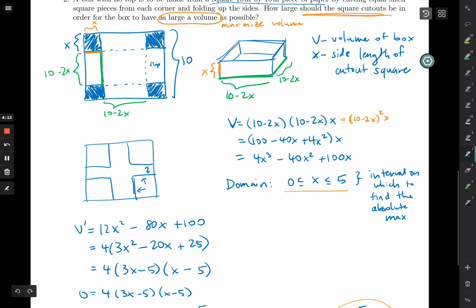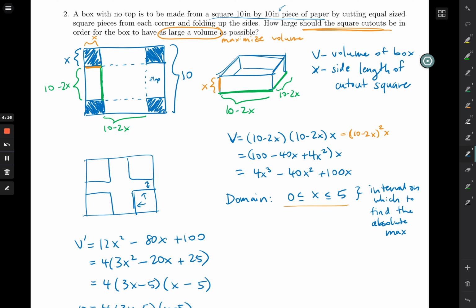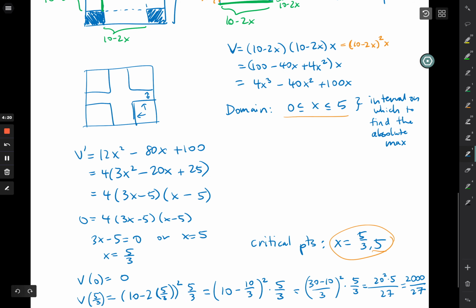And the question does ask for how large the square cutouts should be, so we'll give the x value as well.